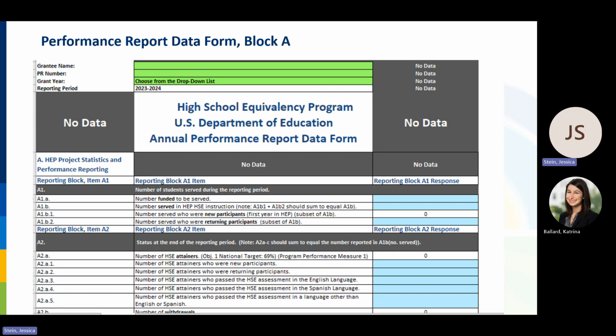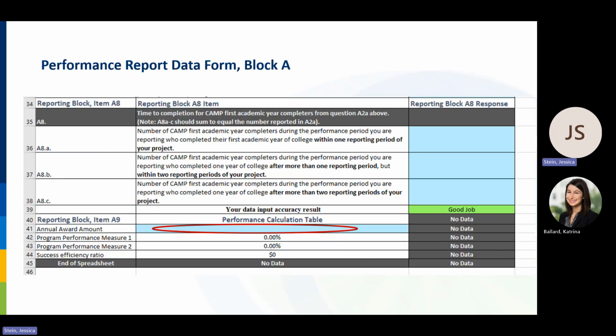Please note the different requirements for HEP and camp reporting. This is a partial screenshot of the HEP data form. For HEP, you're reporting high school equivalency, that is HSE, attainers, and for camp, you are reporting first year academic year completers. In the turquoise box at the bottom, please enter the annual award amounts.